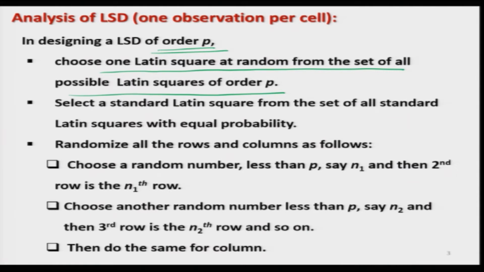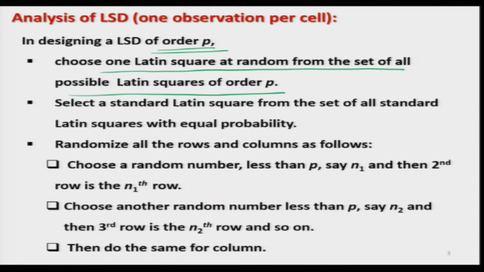And in some books the tables of Latin squares are also given, because when you are trying to consider some higher order Latin square, it is a little bit difficult to construct the Latin square yourself. So, for the sake of convenience, those Latin squares are given. So, depending on your choice of the order, you are going to choose a Latin square, right.